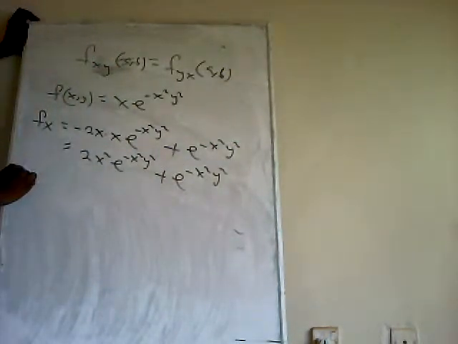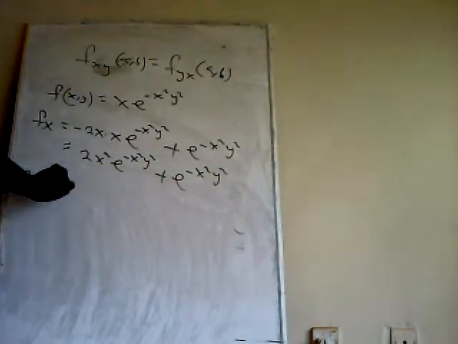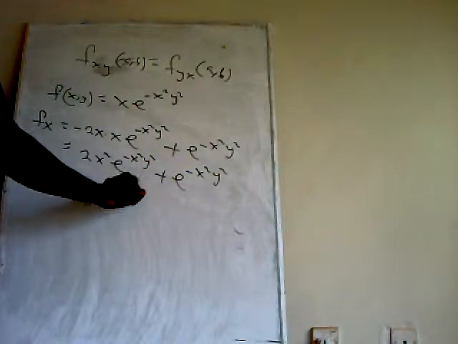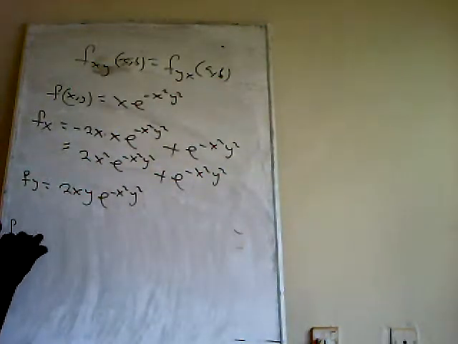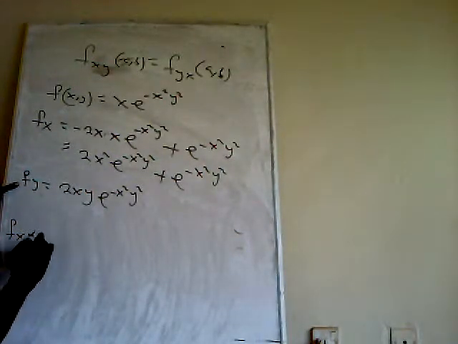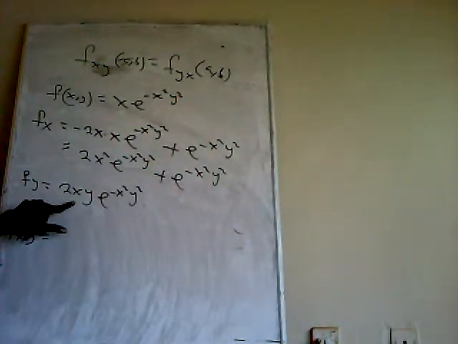Now if I find fy, if I differentiate this with respect to y, I'm going to get minus 2x squared y e to the minus x squared y squared. Okay, so I need fyx, sorry. What it means is that I'm going to differentiate this fy with respect to x. I'm still going to use the product rule.